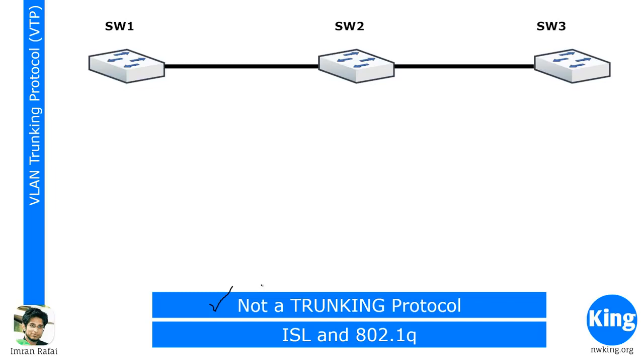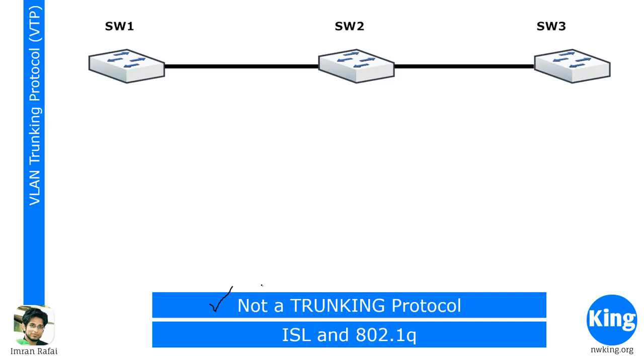So we spoke about trunking protocols in our previous video and also a little bit in the last slide. There are only two trunking protocols, and that is ISL. ISL is Cisco proprietary, that is Inter-Switch Link, ISL. And then you have 802.1q, or more popularly known as .1q, which is an IEEE standard, which is the global standard used by everybody, right?